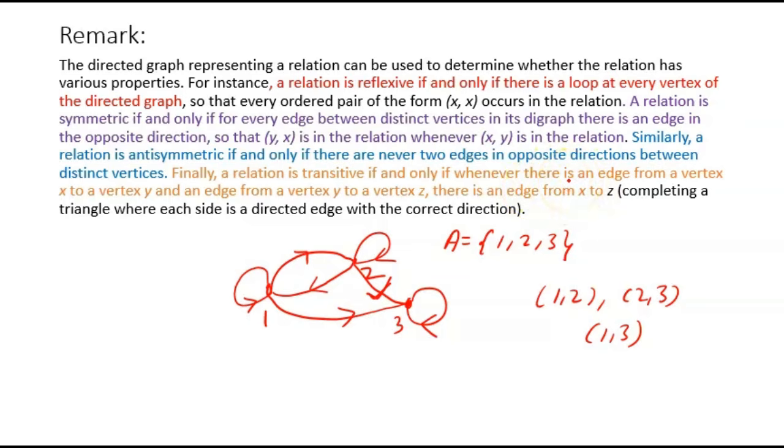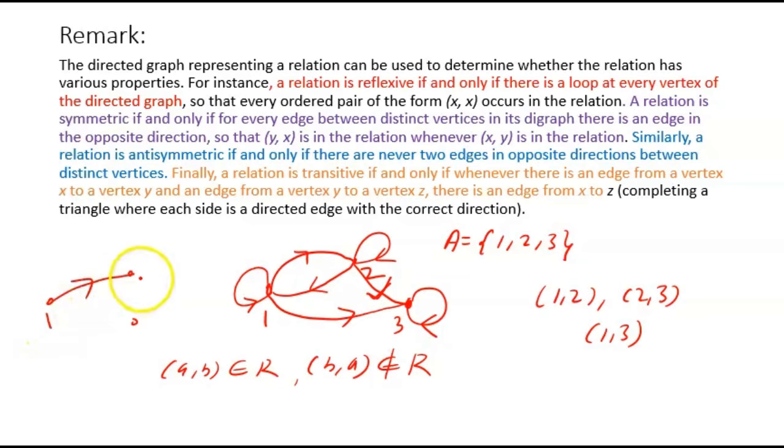And what about the anti-symmetric characteristic? The anti-symmetric characteristic is that if a comma b is in R, then b comma a should not be in R. Because of this requirement, if the relation is anti-symmetric, and suppose there are three elements over which I have defined it, and there is an edge between element 1 and 2, then there can't be an edge between 2 and 1.